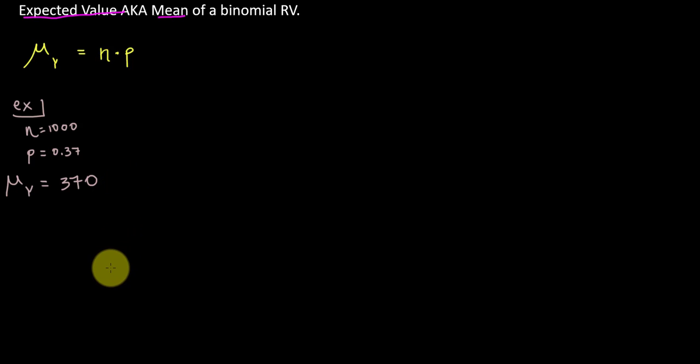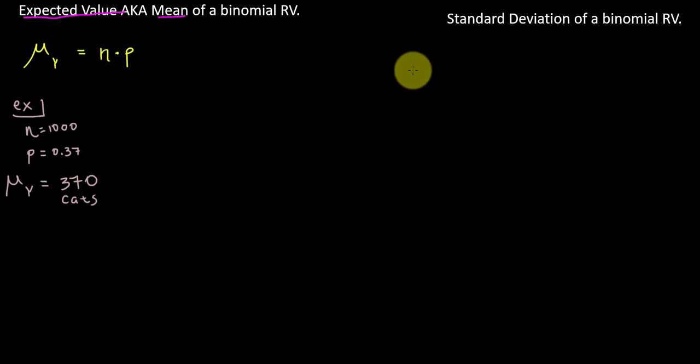We just did the mean. You know who's next, right? Who is the mean's best friend? It's good old standard deviation. And again, we could use that formula that was presented in the discrete random variable video. However, because there's only 2 outcomes, this formula is a whole lot simpler. Standard deviation of a random variable that's binomial, because we're talking about number of successes, so we got to get that involved.